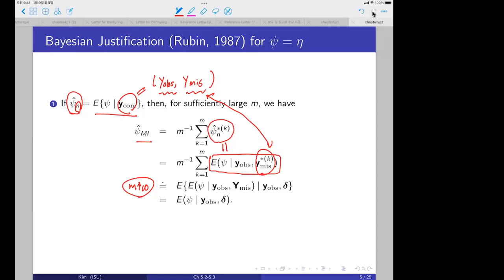Why are you suddenly using the capital Y? Because Y is random. So the second expectation is with respect to Y miss given Y obs and delta.